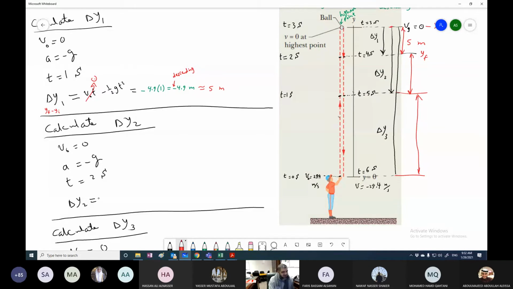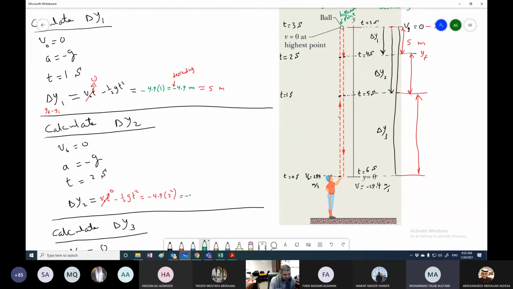So delta y2 is v0t minus 1/2 gt squared. This is 0, and this will give us minus half g, which is 4.9, multiplied by 2 squared, so multiplied by 4. How much is this? Approximately 20.